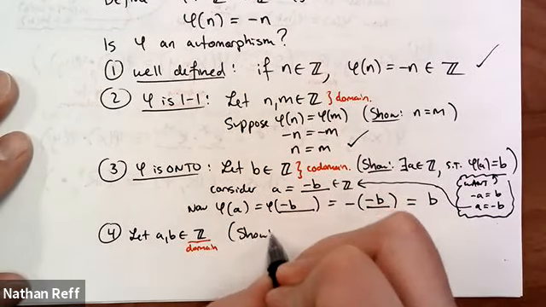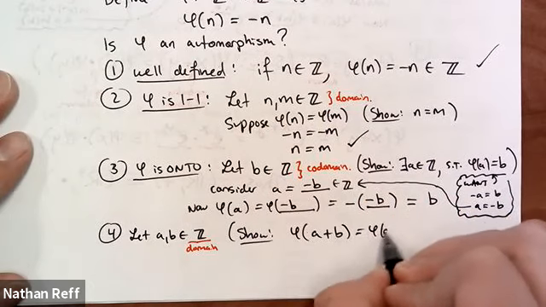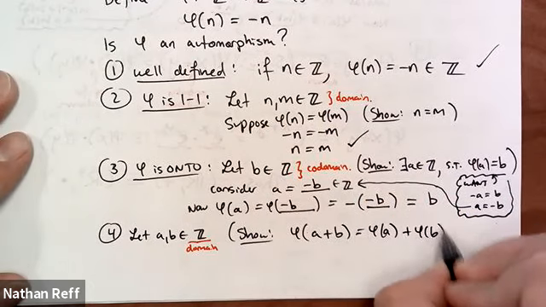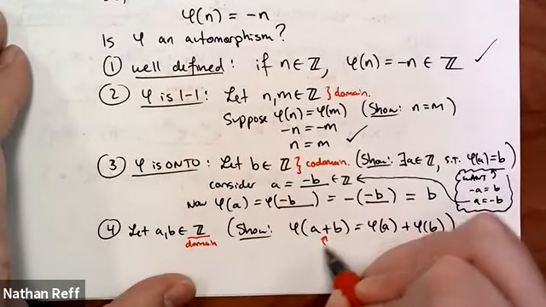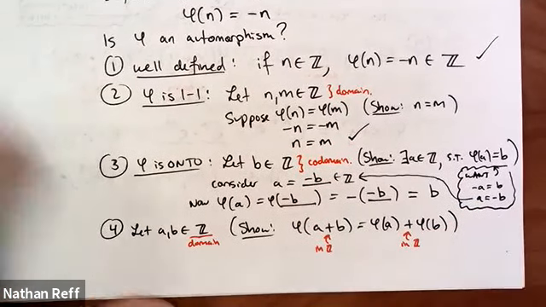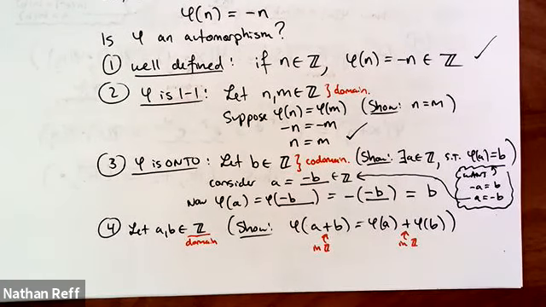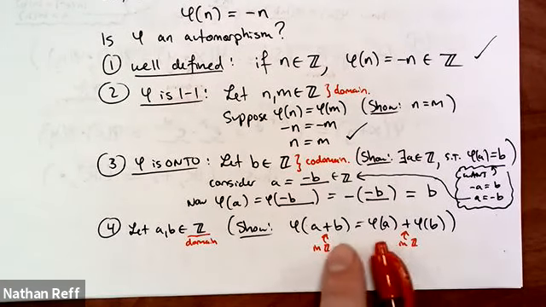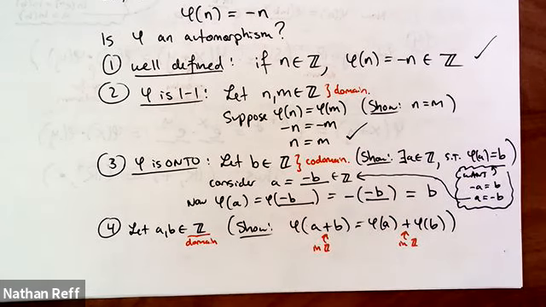Show phi of A plus B is equal to phi of A plus phi of B. You agree that the operation is addition in Z and in Z. This is the domain, this is the codomain. Okay. So be aware that what you write here is dependent on the situation.